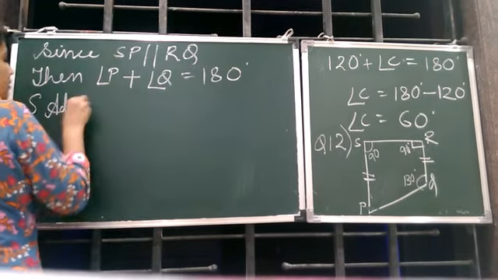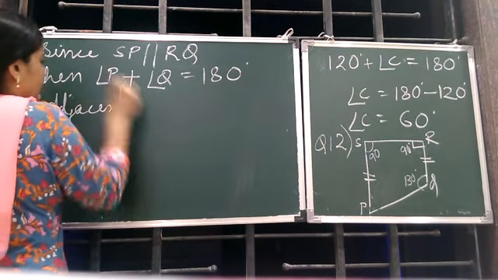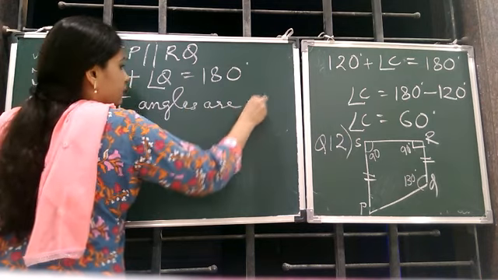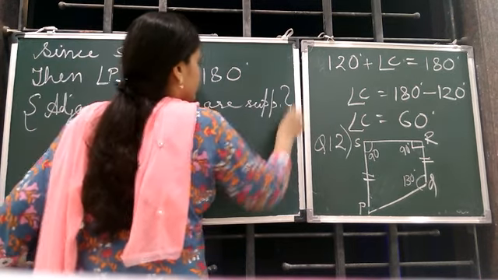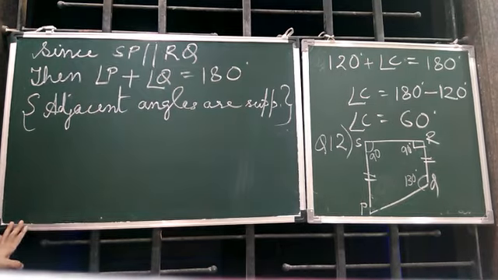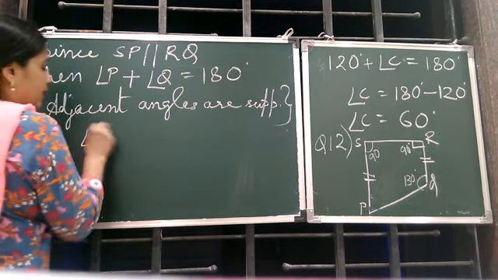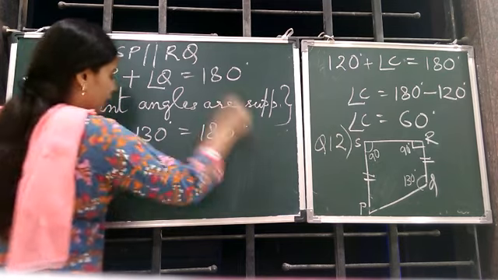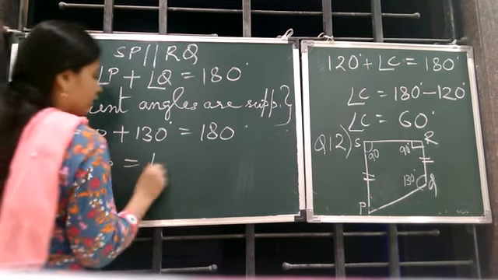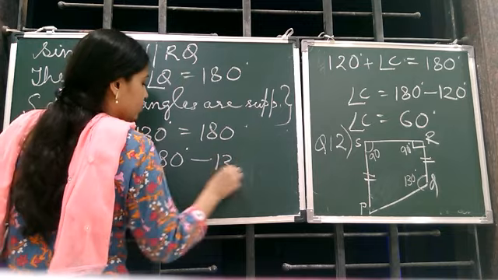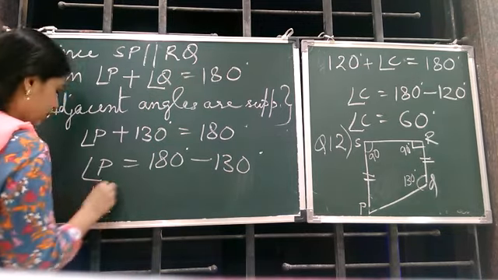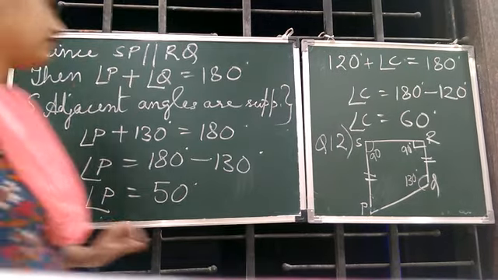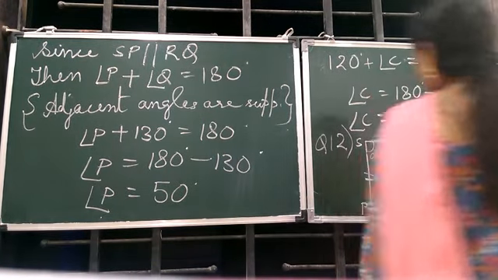Adjacent angles are supplementary. Okay. So now we put the value of Q. Angle P plus 130 degree is equal to 180 degree, or angle P is equal to 180 degree minus 130 degree. So angle P is equal to 50 degree. This gives us the value of P as 50 degree.